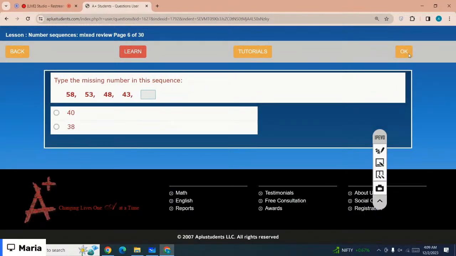Okay, type the missing number in the sequence. The sequence is decreasing by 5. Yes, the missing number is 38 it is.